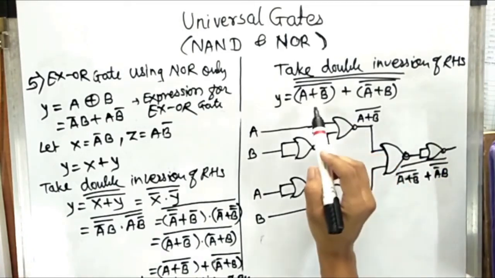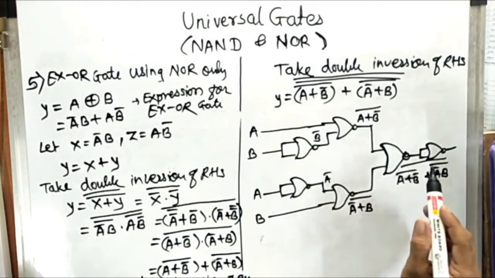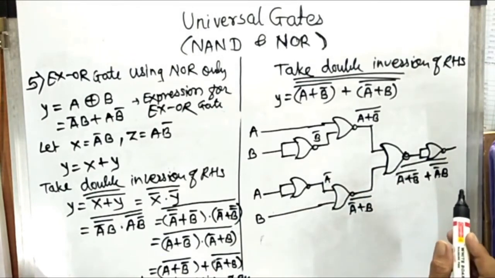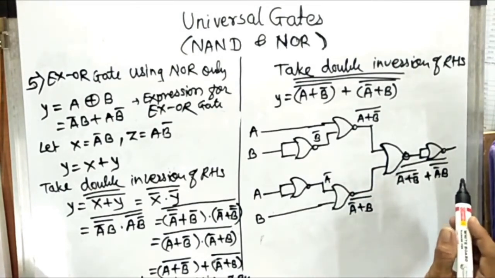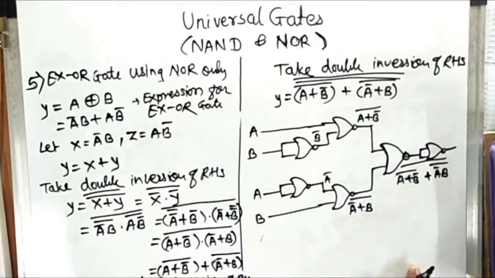So here we get the expression Y equal to A plus B bar complement plus A bar plus B complement double complement. So here at the output we get the required expression for the XOR gate. So in this way you can construct XOR gate using NOR only.